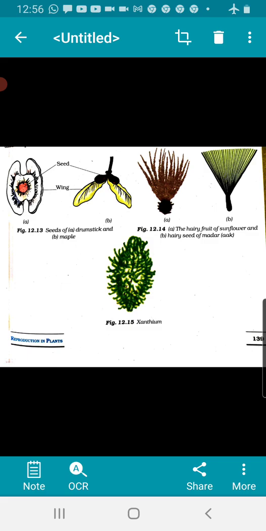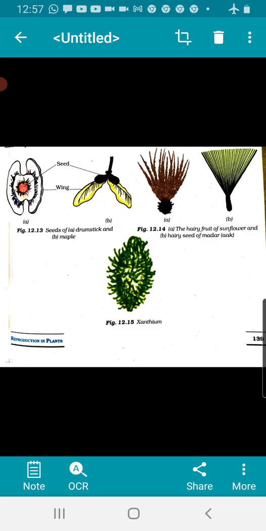So what have you studied in this lesson, children? There are two modes of reproduction, asexual and sexual reproduction. There are several methods of asexual reproduction such as fragmentation, budding, spore formation and vegetative propagation.